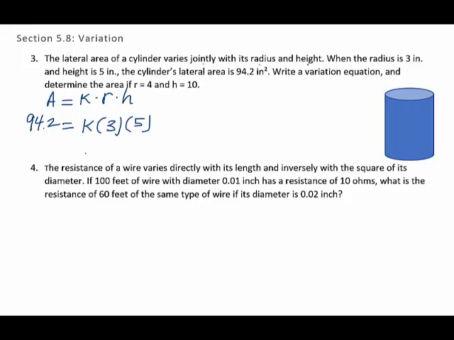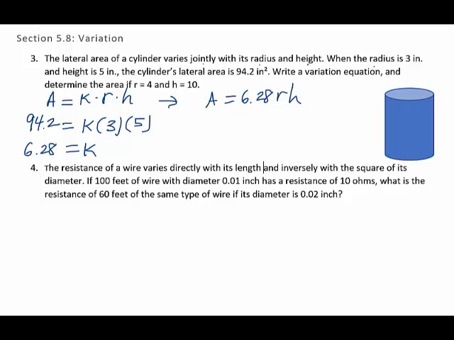And then we'll solve for K. So 94.2 divided by 15 is 6.28. And now our variation equation is A equals 6.28 RH.